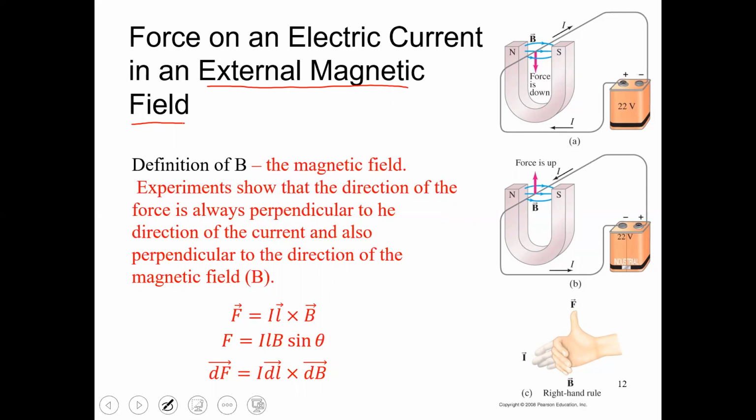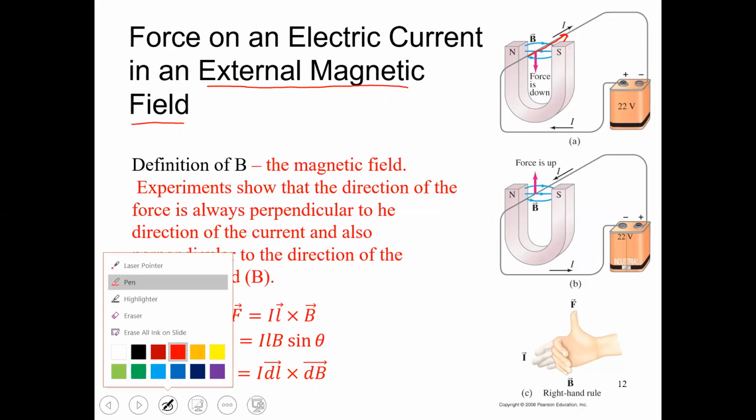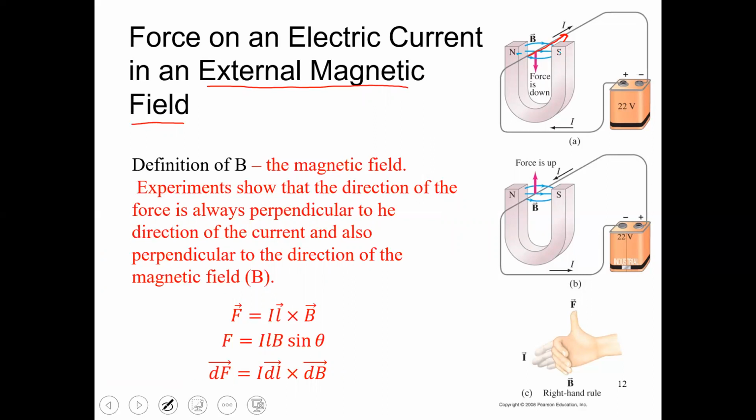So if we look at our image to the right-hand side of this slide, looking at the top here, I have current going in this direction, kind of from front to back there. I have my magnetic field line shown there in blue, going from the north to the south pole of this horseshoe magnet. So the horseshoe magnet is just a bar magnet that's bent in a horseshoe shape and gives us an approximately uniform magnetic field there between the poles.